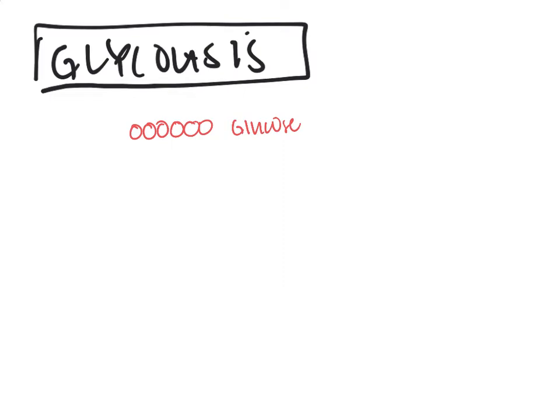So in order to do that, I'm going to draw this arrow representing the reaction, but in the end, we want to end up with 2 3-carbon molecules, all right? And these are going to be called pyruvate. And each glucose yields 2 pyruvate.